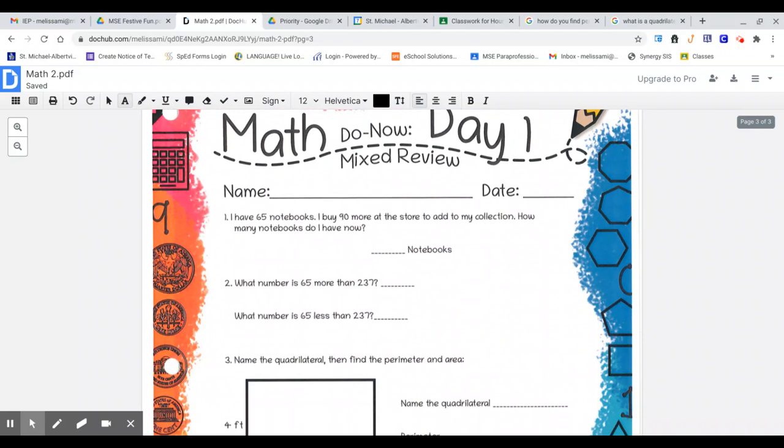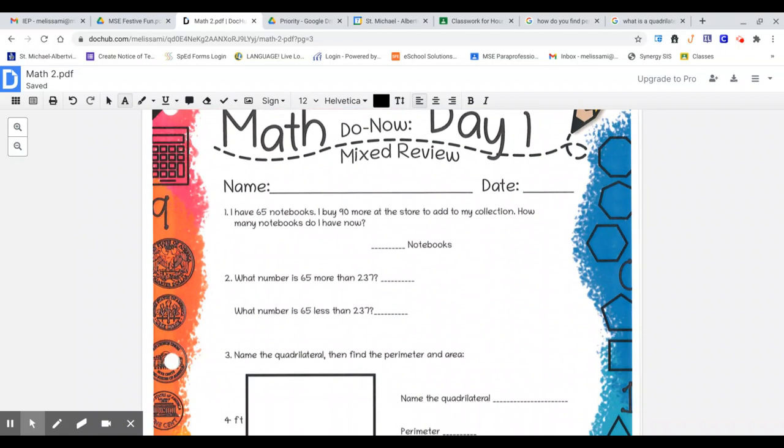So we have number one: I have 65 notebooks. I buy 90 more at the store to add to my collection. How many notebooks do I have now? So I'm going to write 65, and then we're going to add 90.